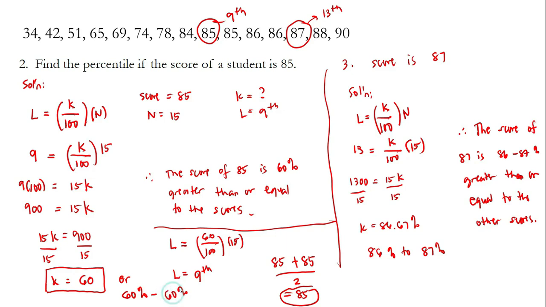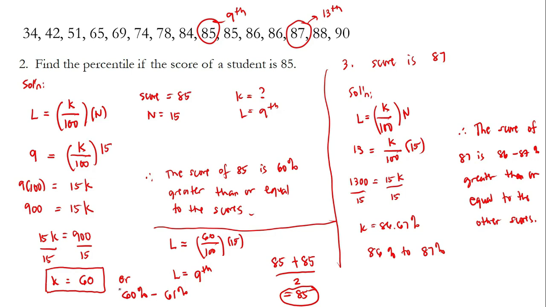So same here, if we get a decimal for the percentile, we just estimate from 86 to 87, or if you get 60, from 60 to 61. To be sure. Because as you can see, we got 85. But what if the next is 86? Then we could get 85.5. So it is no longer exactly 85 as the score.